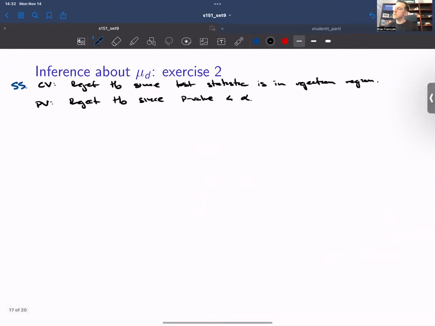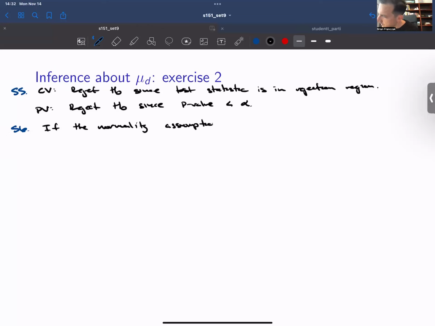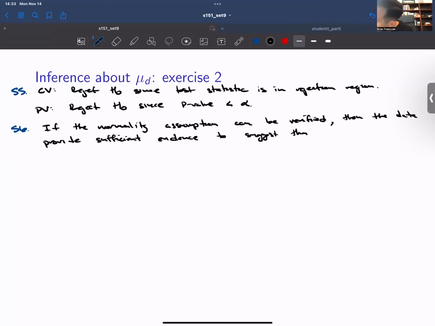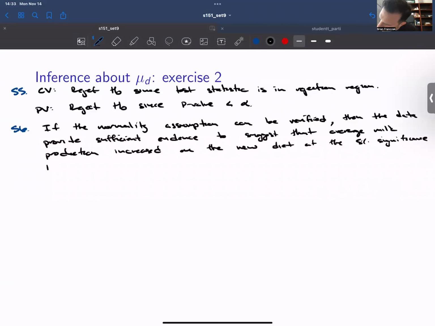And now we will say if the normality assumption can be verified, then the data provide sufficient evidence to suggest that average milk production increased on the new diet at the 5% significance level.